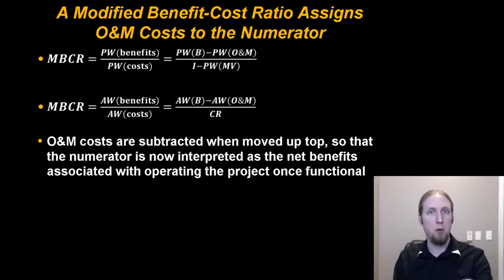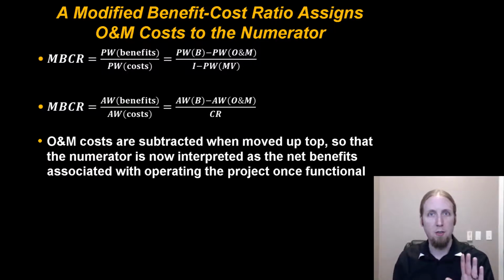In present worth terms, in the first equation, you can see that in the denominator, we've got the capital investment minus the market value or the salvage at the end of life. And in the annual worth equation, in the denominator, all we've got is the capital recovery amount. This kind of violates the way that we think about what a benefit cost ratio ought to be.